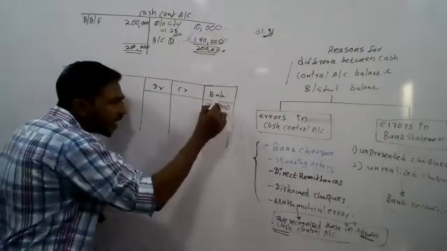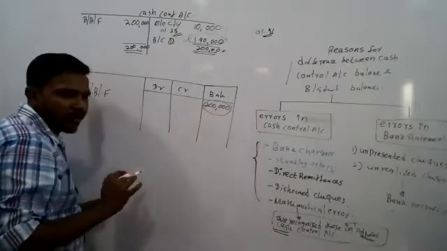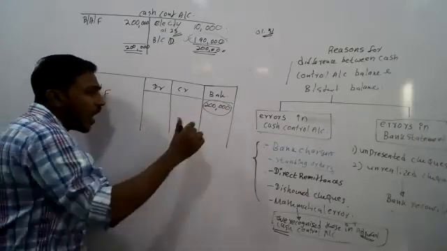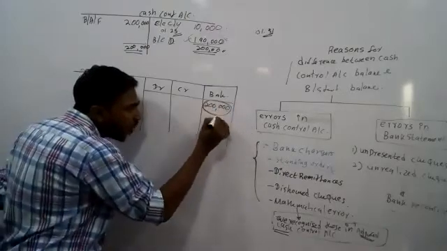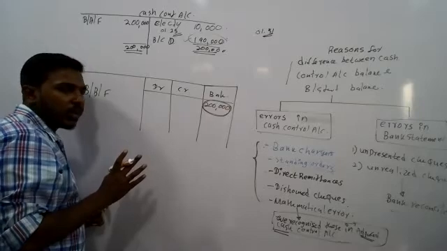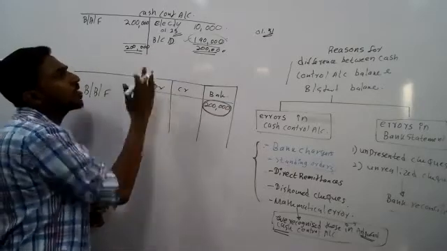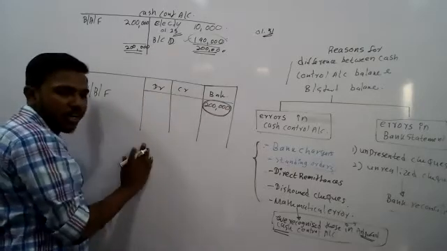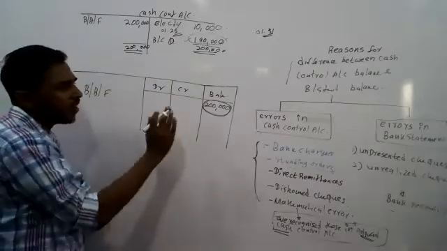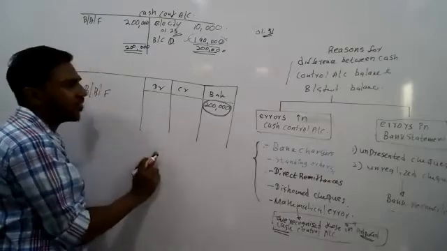But look here, the bank says the balance in the bank is 200,000. Now, the two parties agree to record the same transactions, but fortunately or unfortunately, you get two different balances.